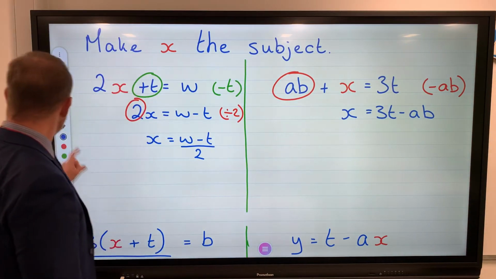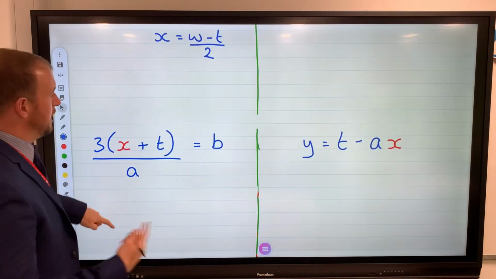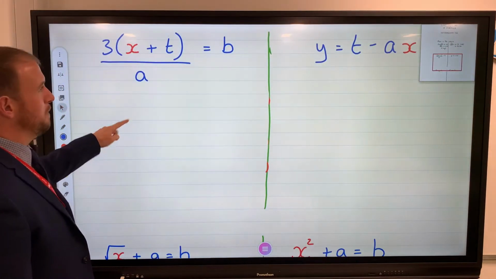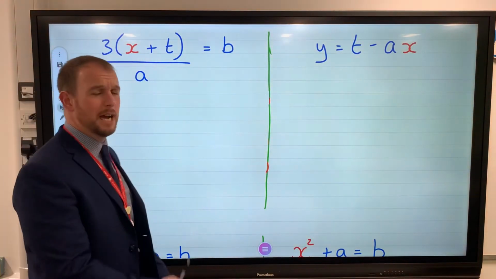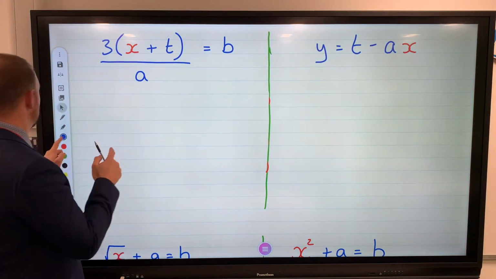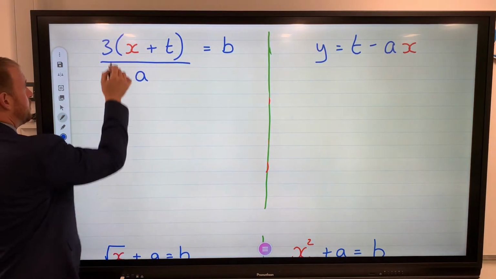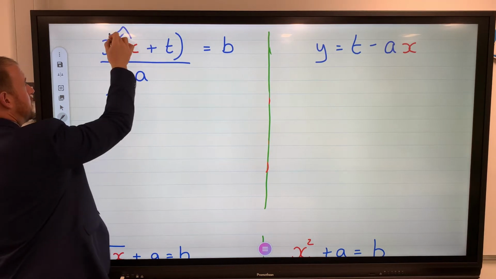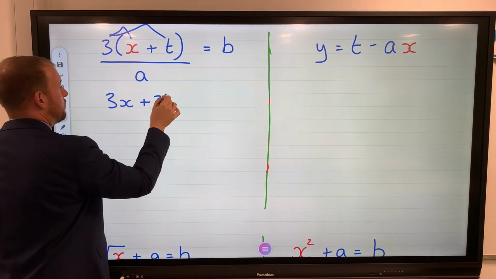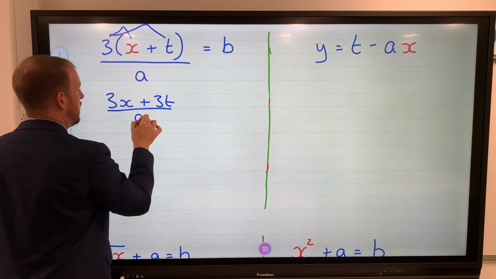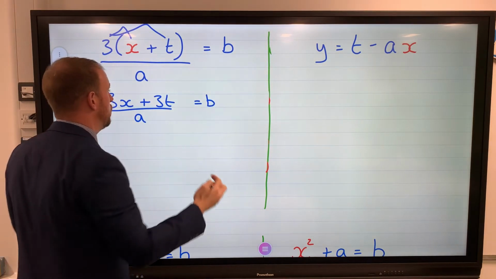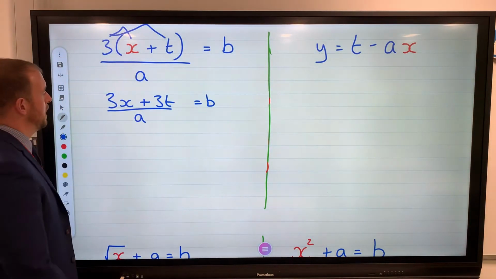So then, looking at these down here, a slightly harder question because I've incorporated brackets, but exactly the same principle. With a bracket we need to expand, so 3 times x is 3x, 3 times t is 3t, over a equals b. All I've done is expand the bracket.